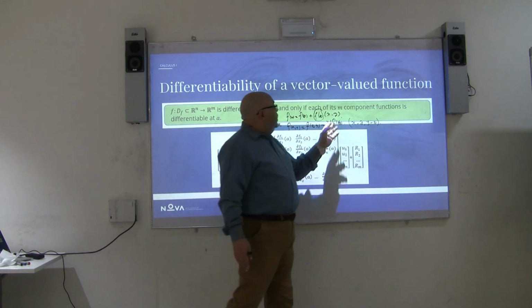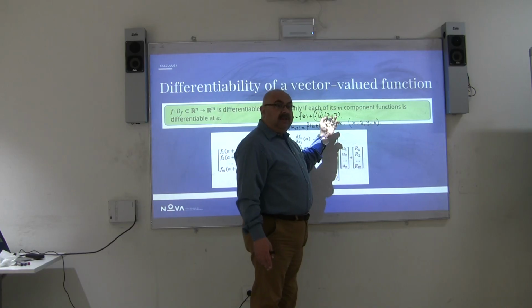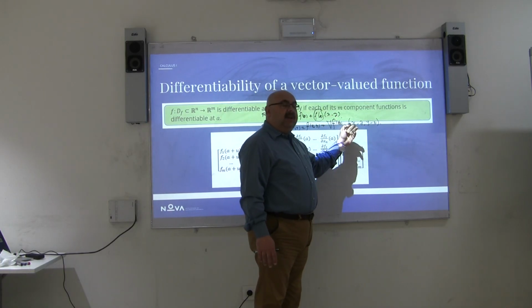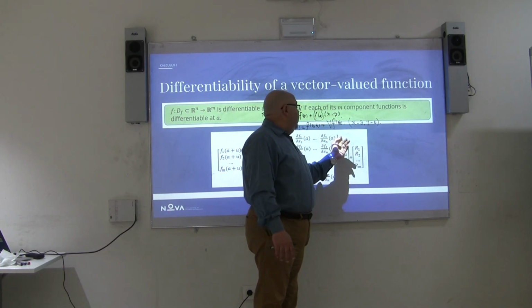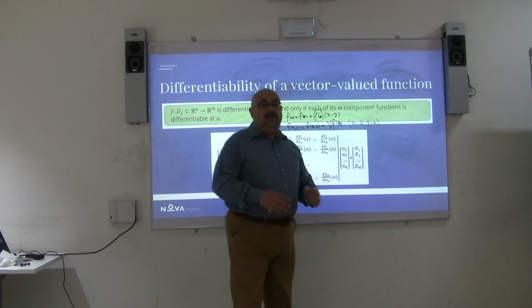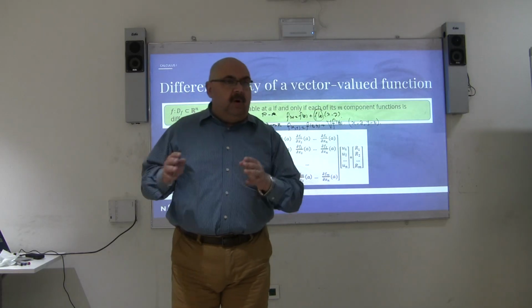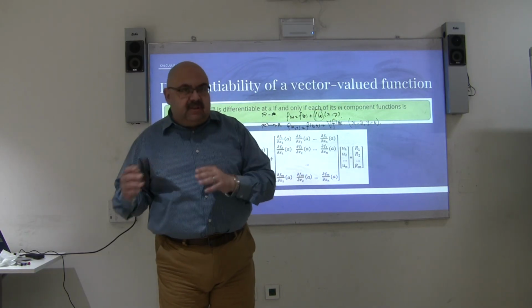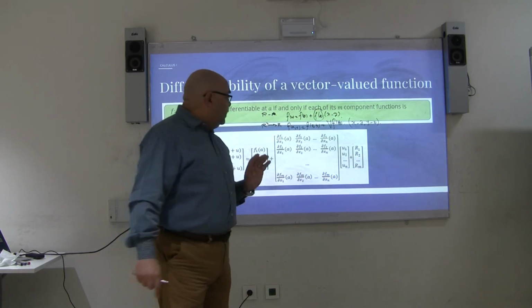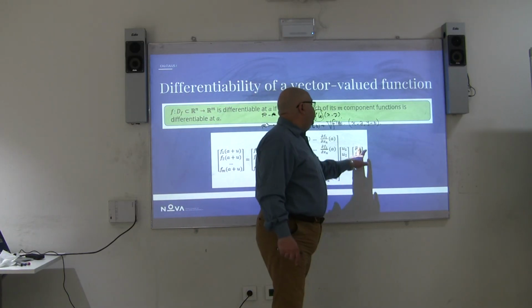Times, instead of having x minus a, or x minus a, y minus b in two dimensions, you will have your vector, which connects the main points: x minus a1, the first component, y minus the second component, and so on. Plus the remainder term.